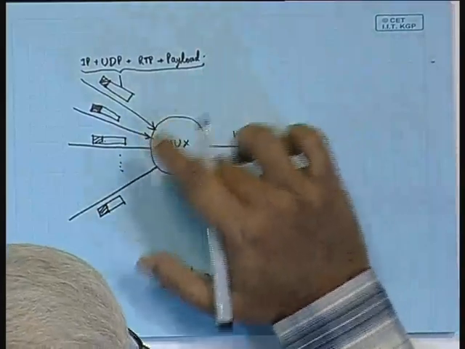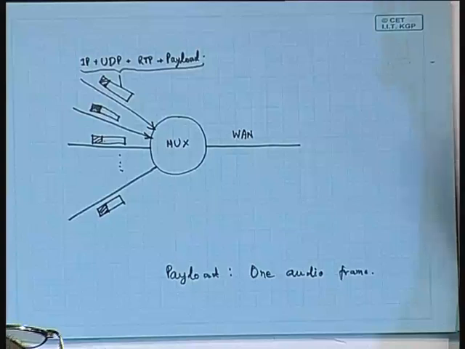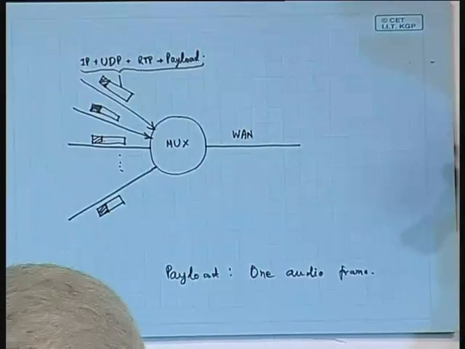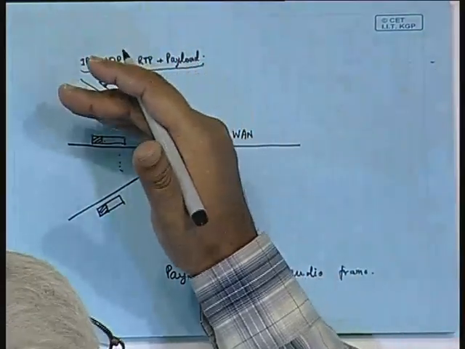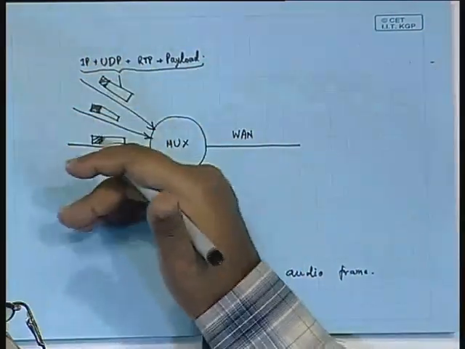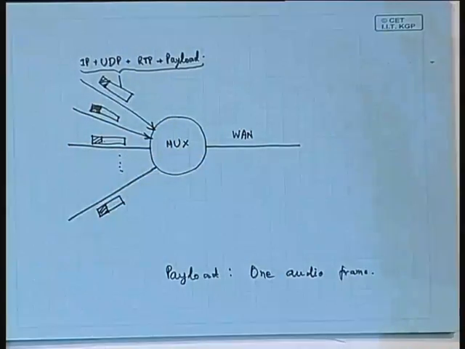So, now that we have decided to use a multiplexer over here, what we can logically think is: why do we not take all these individual packets and embed them together in the form of one bit stream? But then again that combined packet, or mega packet if we call it, has to be transmitted over the WAN, and again it is to be transmitted over IP and UDP.